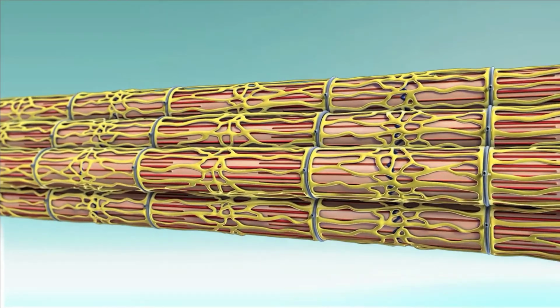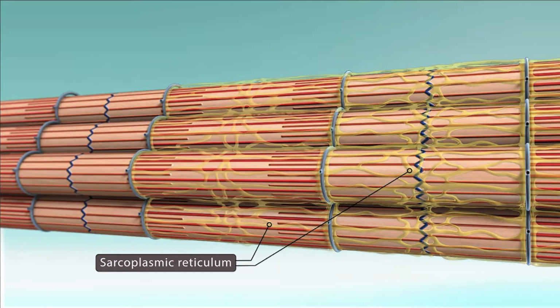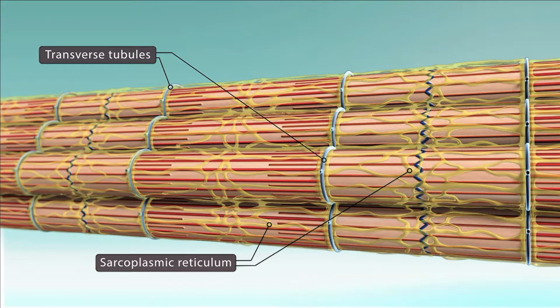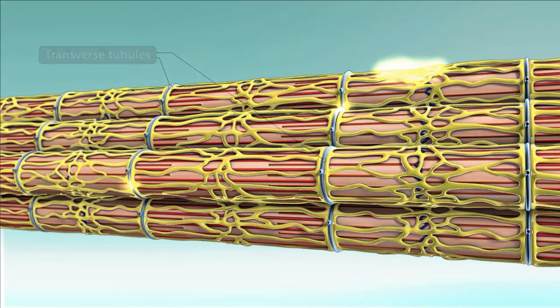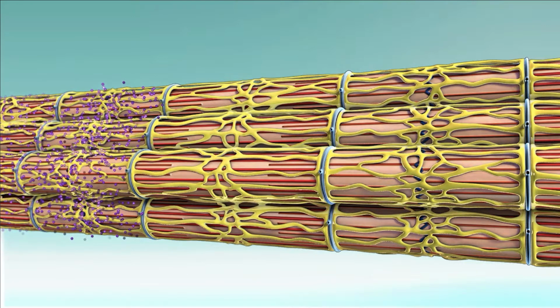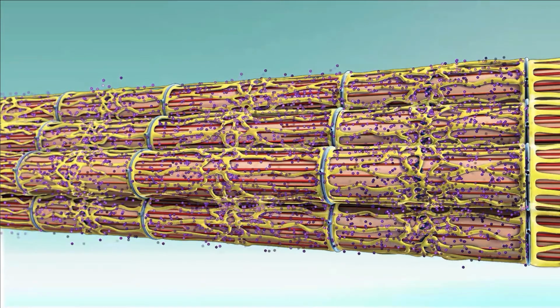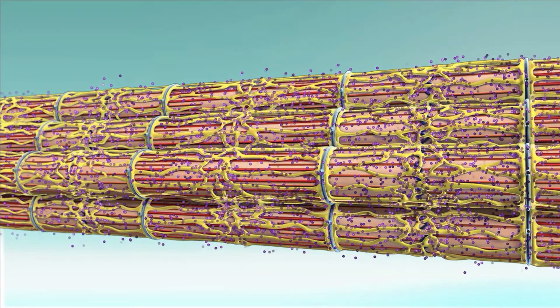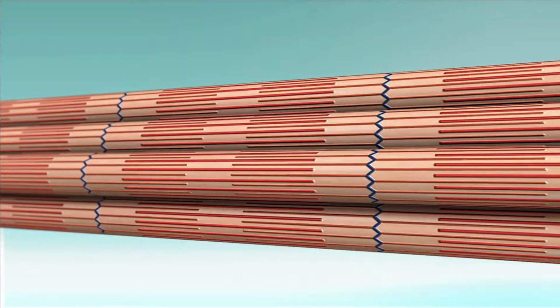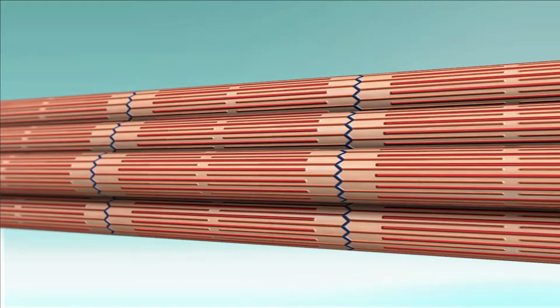Sections of sarcoplasmic reticulum are located along either side of the transverse tubules. As the action potential travels down the transverse tubules, voltage-dependent calcium channels in the sarcoplasmic reticulum open and release calcium into the sarcomeres. The calcium activates the sarcomere to contract.